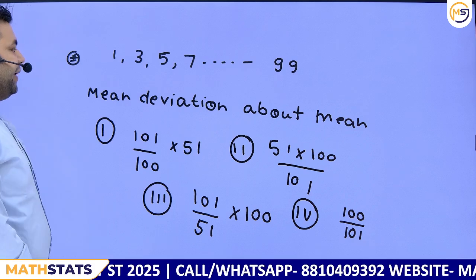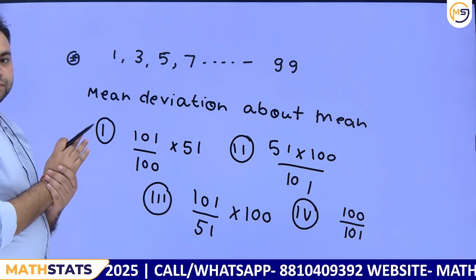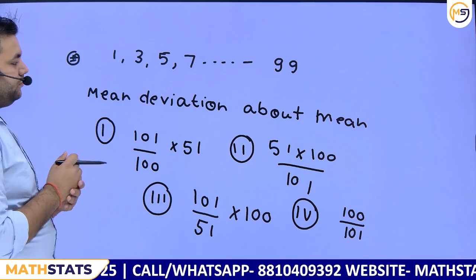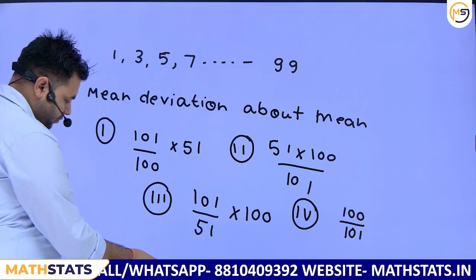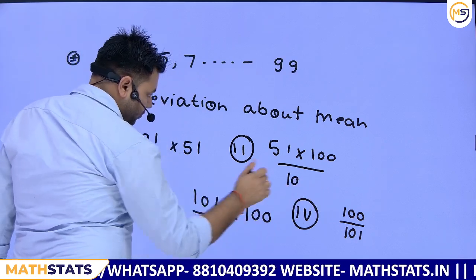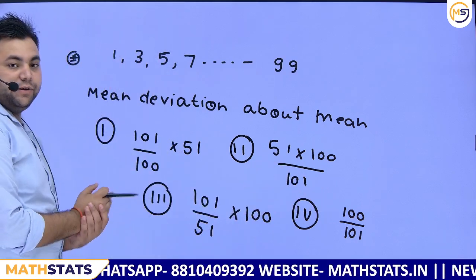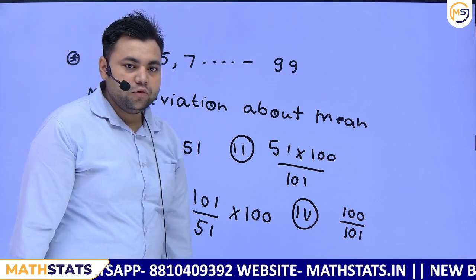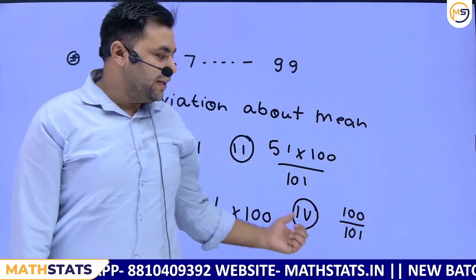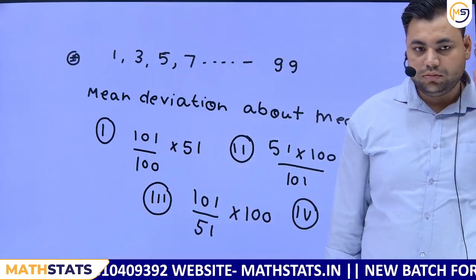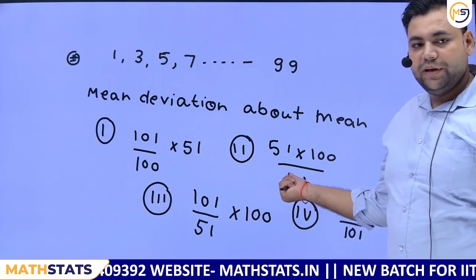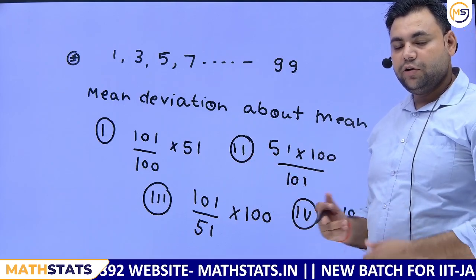What is the value of the mean deviation about the mean? Anyone? What is the value of the mean deviation about the mean here?